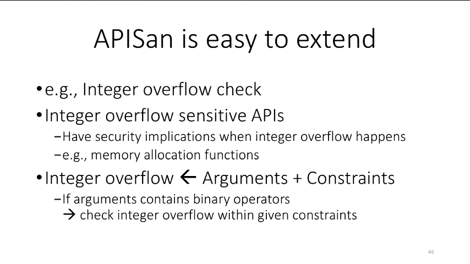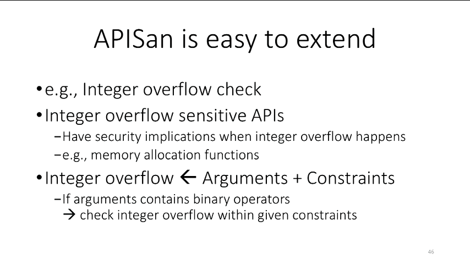And API sanitizer's concept is really easy to extend. For example, if you want to check integer overflow, the first thing you need to do is find the integer overflow sensitive functions. Integer overflow sensitive APIs are APIs which have security implications when integer overflow happens, for example, memory allocation functions.